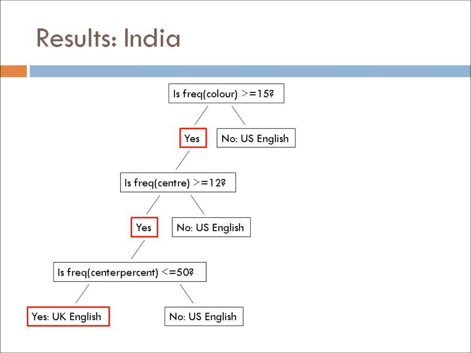This screen shows a decision tree that I designed to show how the India data matched up. As you can see, all three tests showed India as a user of UK English. This screen shows another decision tree, but this time for Pakistan.